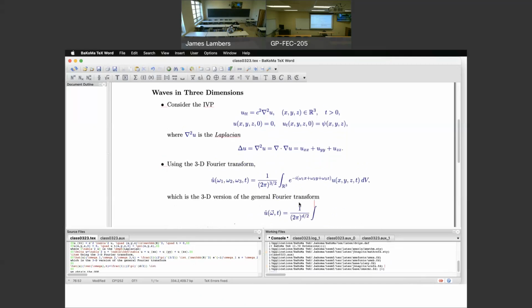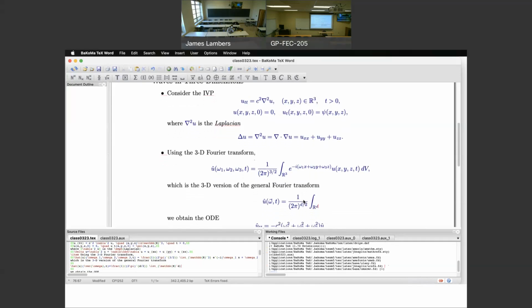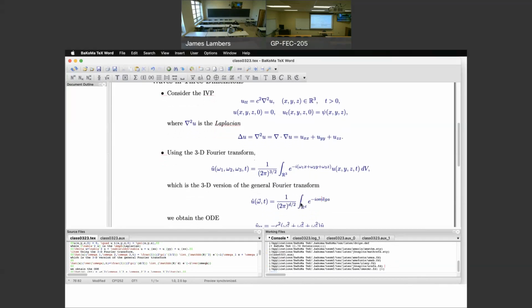Times the integral over all of R^d, for whatever d is. Okay. And then I can write the exponential as e to the minus i times a dot product of the vector omega with a vector x.